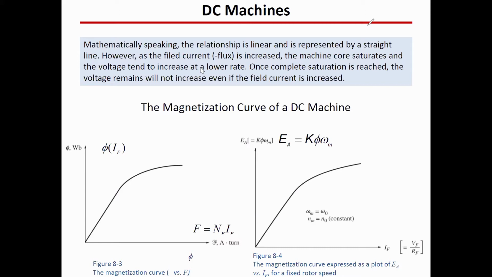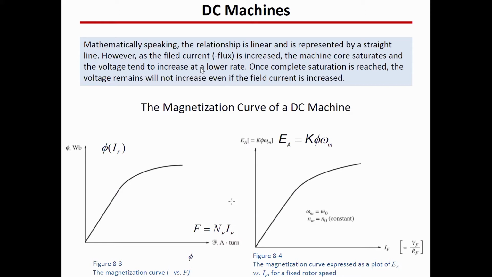Remember that we are using also magnetic material inside the machine, meaning that, for example, in generating field from the field winding, we need to apply current, which is the field current.